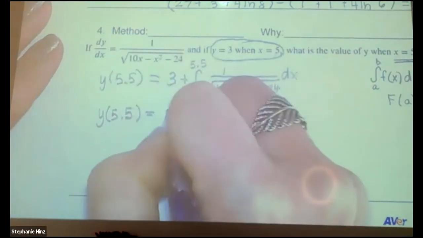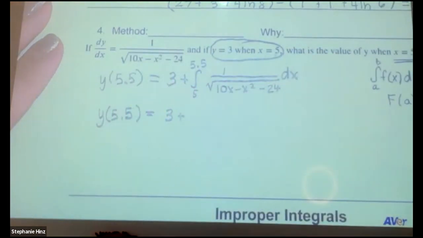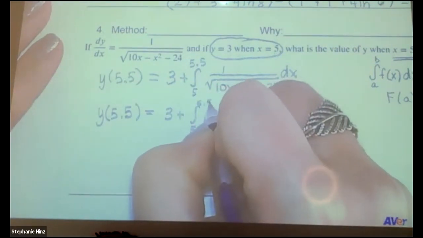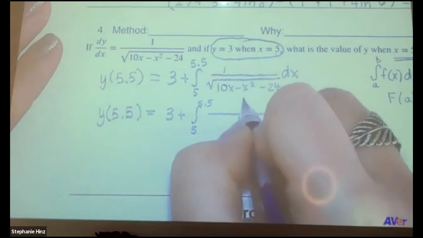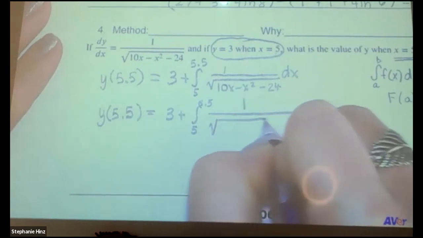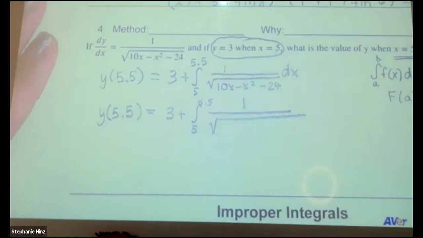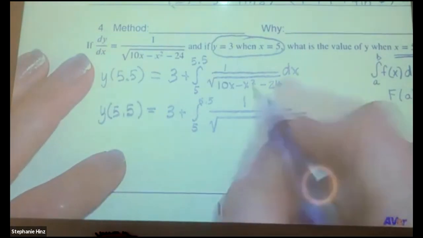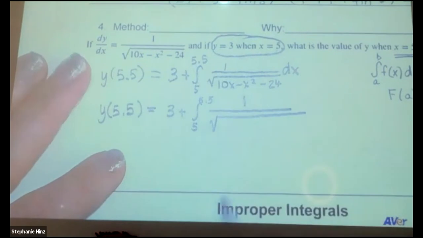Let's see how that works. So I've got 1 over the square root. Underneath that square root, I have, you can change the order of this.